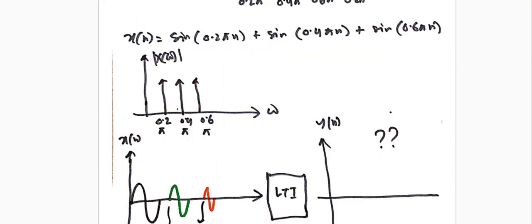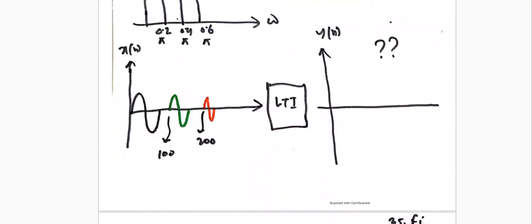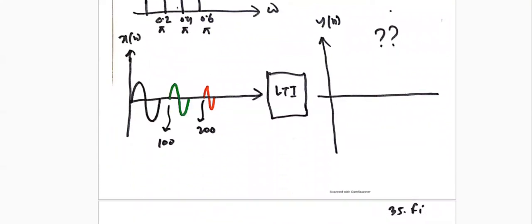Okay. Now, this is the portion we can draw today. With your help, we can draw it. So the first one, this signal's frequency is 0.2 pi. It starts at 0. After passing through this, where will it start?